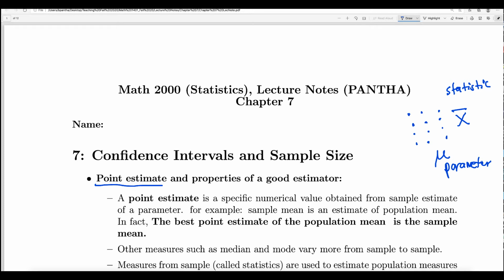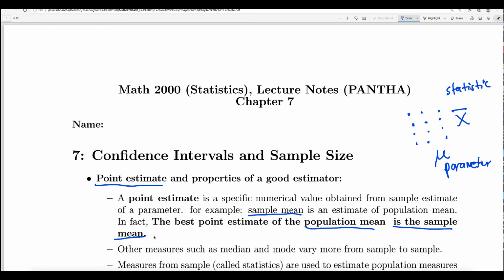For example, the sample mean is an estimate for the population mean. In fact, the best point estimate of the population mean is the sample mean. So a point estimate gives a single value for the population parameter. For example, if you want to estimate the standard deviation of the population, you take a sample, find the sample standard deviation, and use that value to estimate the population standard deviation.